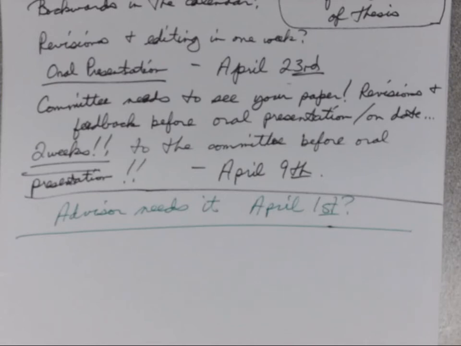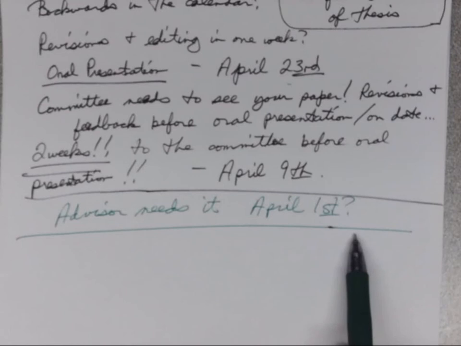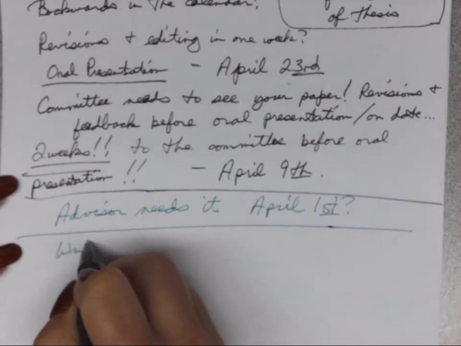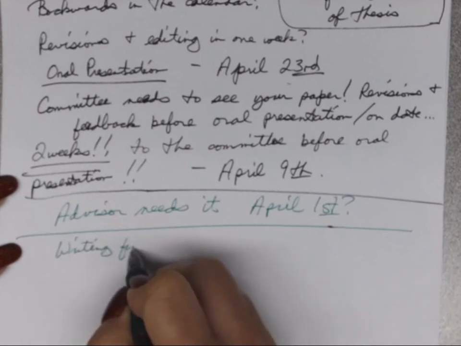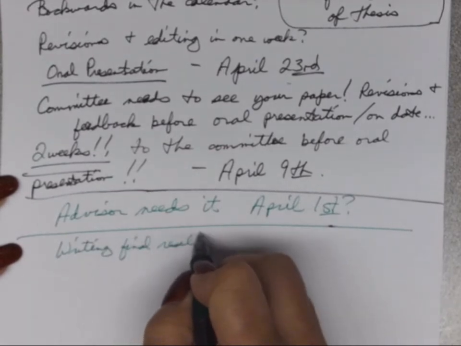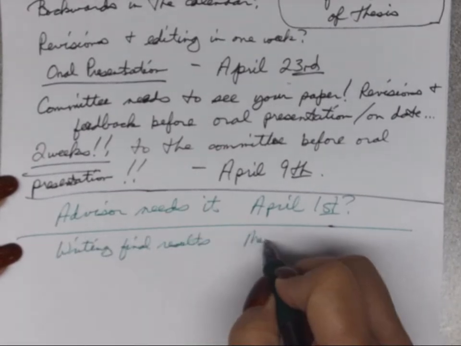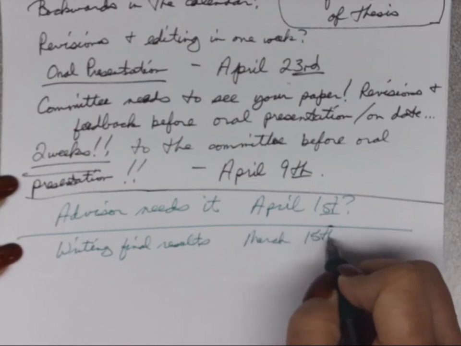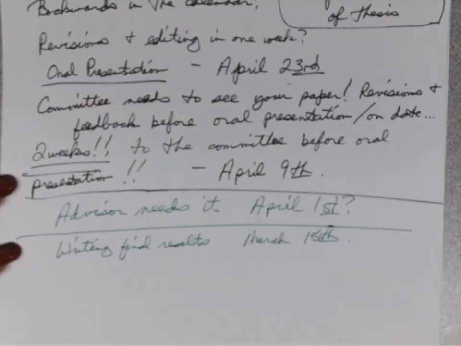So for instance, if you need that on April 1st, then that means that you need to be writing by, I don't know, maybe spring break. Writing final results up. I'll say March 15th. That's like eating and breathing and sleeping your thesis here. Okay, which means that I have to have my results by maybe March.